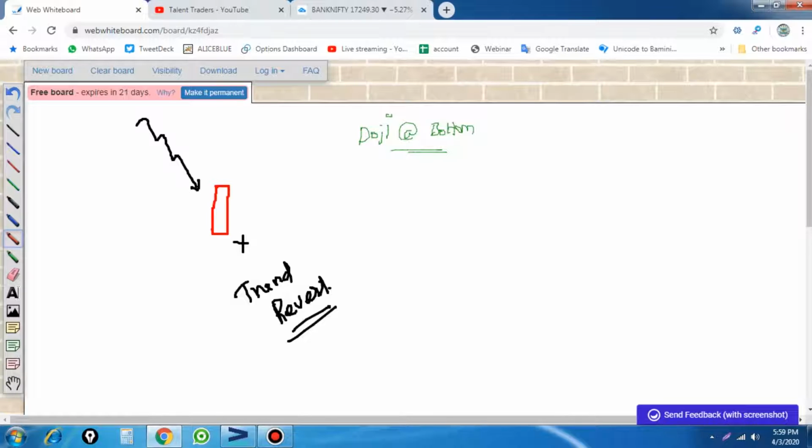For example, if a big red candle forms and the prior trend is a downtrend, coming down, and a doji forms here, this is called a Harami cross pattern. This other pattern is called a doji at bottom, or a doji star, because it looks like a star. These are the valid patterns.